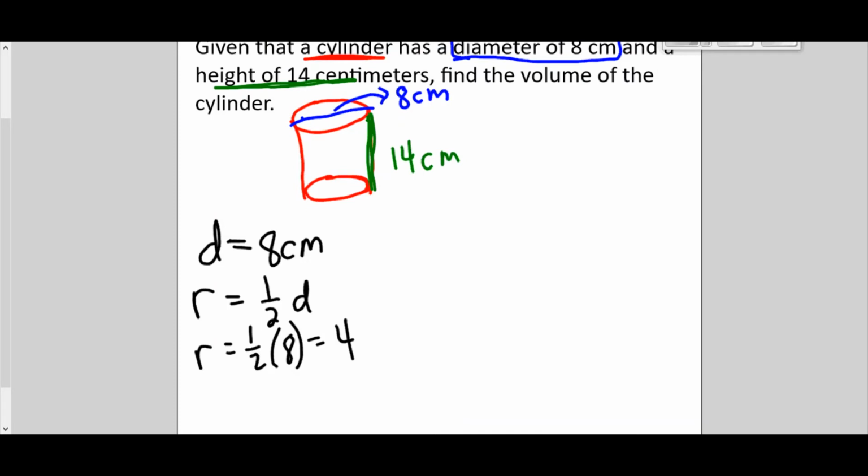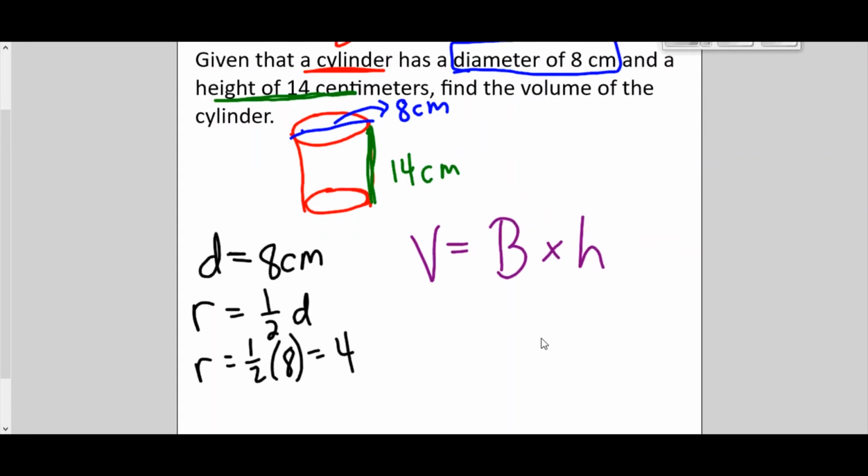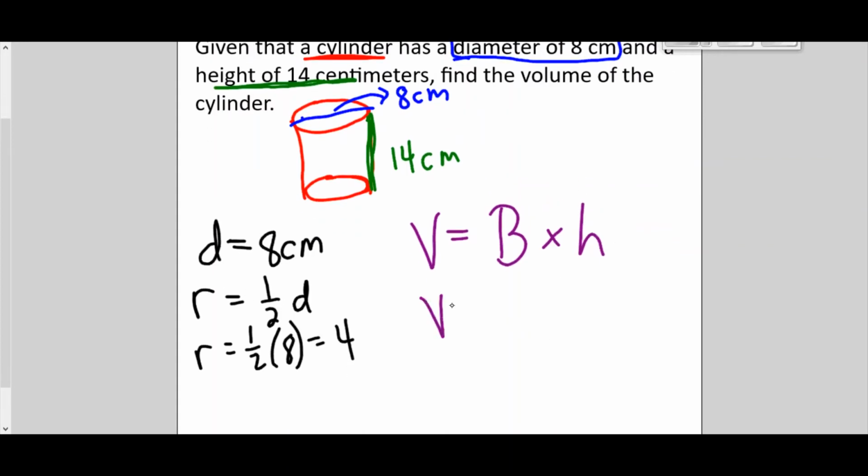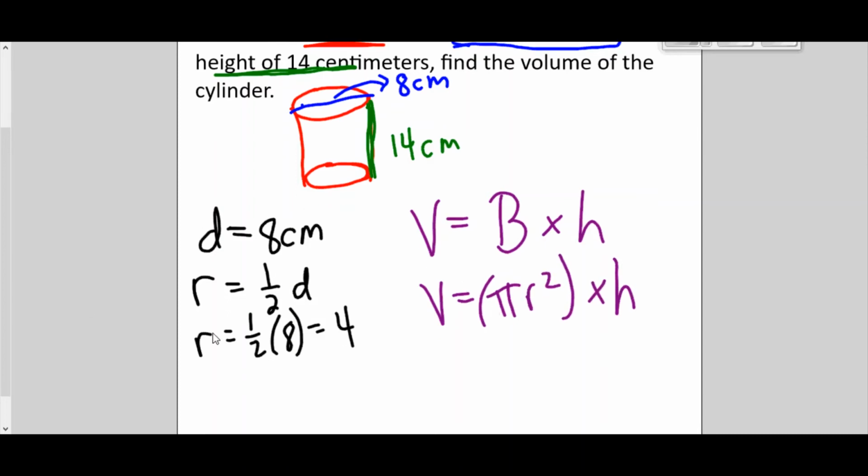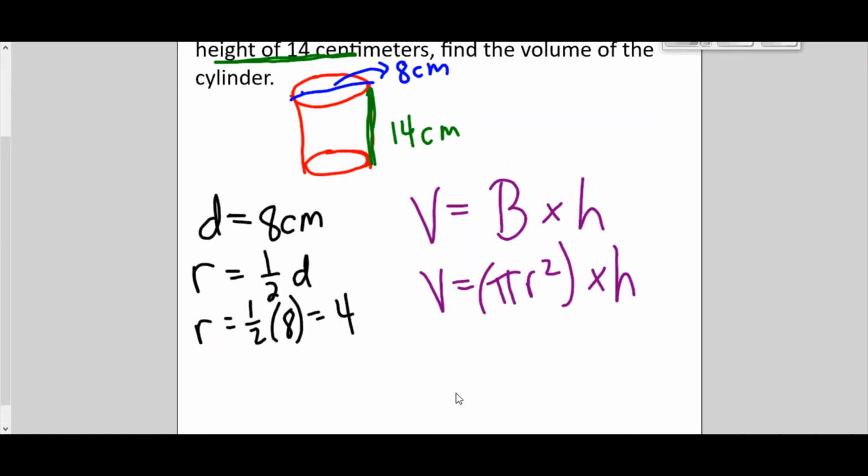So for the volume of the cylinder, I'm going to say volume. Remember, it's big B times H. And this was a circle. The base shape was a circle. So it's pi r squared times H. The radius we just found was 4.